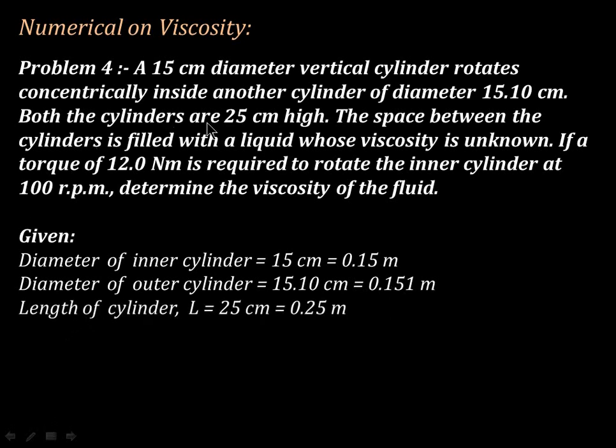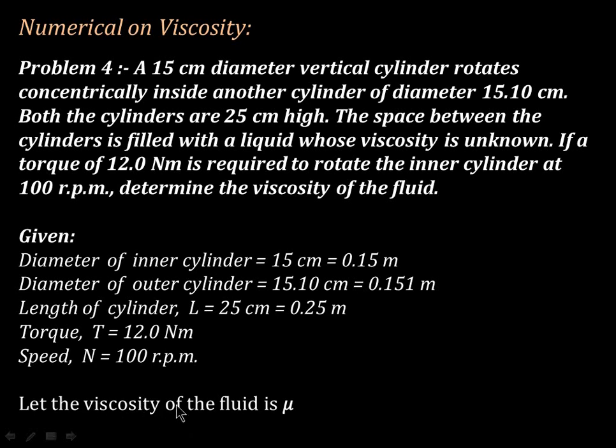Both cylinders are 25 centimeter high, meaning length of cylinder L is 25 centimeter, that is 0.25 meter. Torque T is equal to 12 Newton meter. Speed N is equal to 100 rpm. Let the viscosity of the fluid be mu.